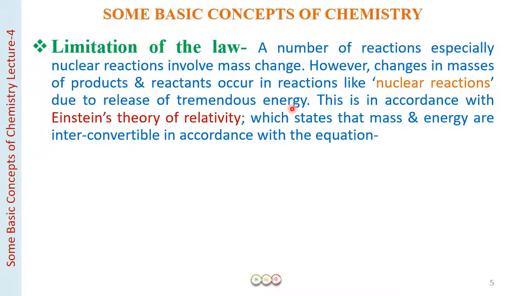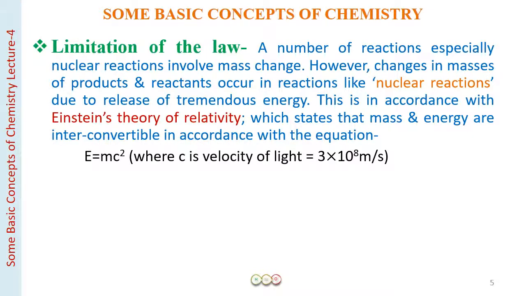Now, this conversion of mass into energy is in accordance with Einstein's theory of relativity, which states that mass and energy are interconvertible in accordance with the equation E equals mc squared, where c is the velocity of light, that is 3 into 10 power 8 meter per second.